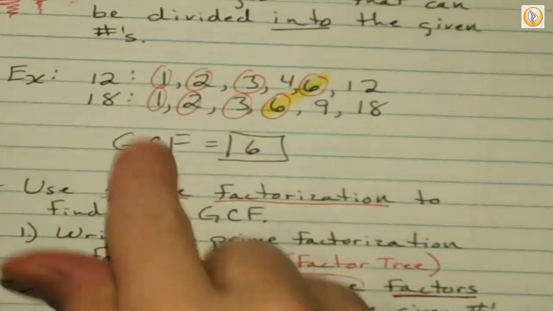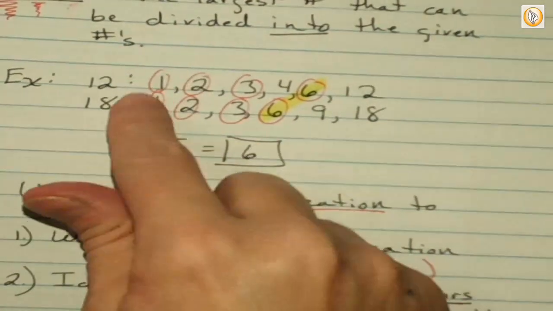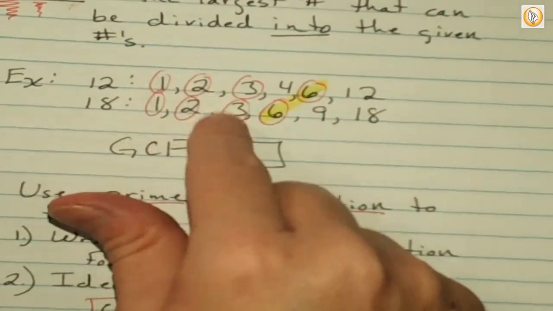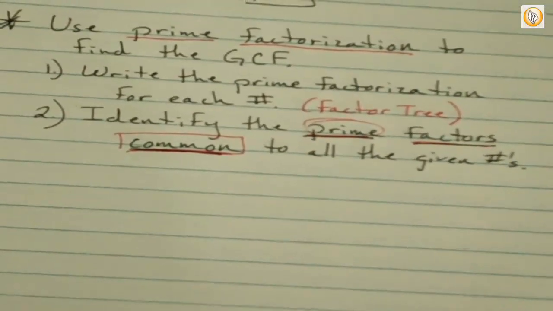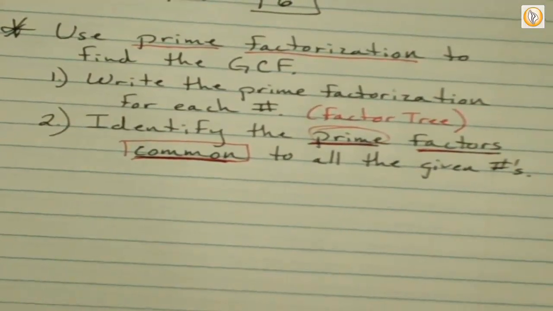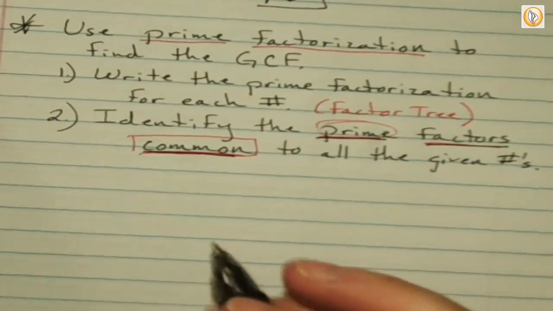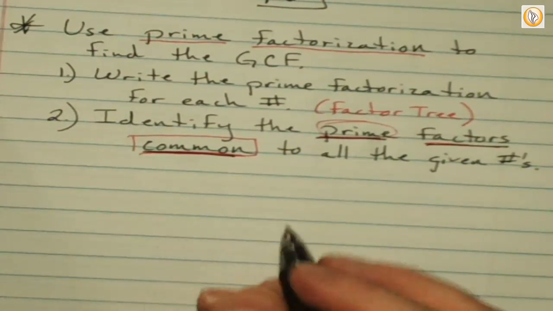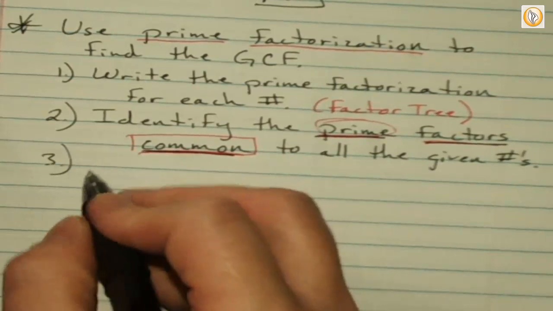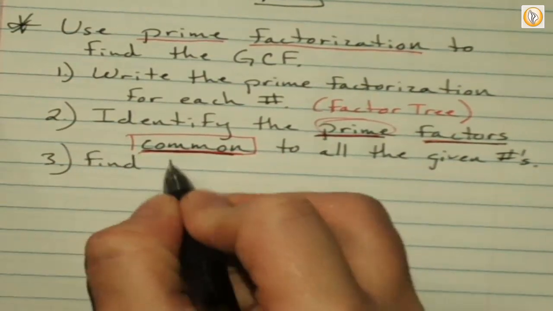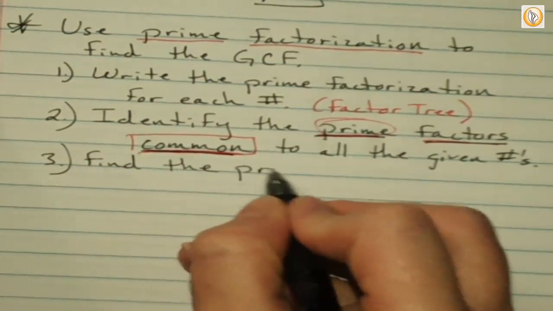Kind of like what we did up here. We found, but this was just factors. We found all the common factors. For step 2, you're finding all the common prime factors. And then step 3, find the product. What does product mean?